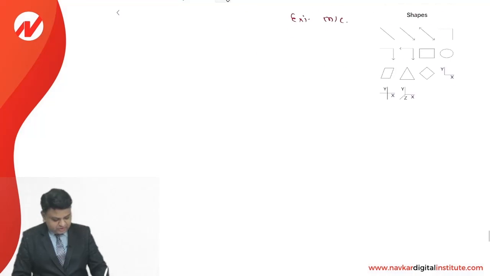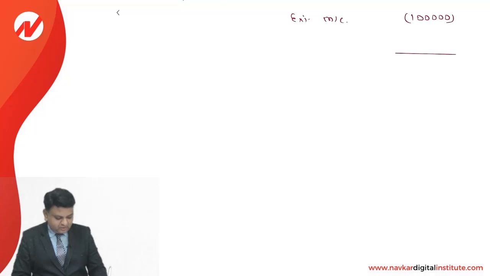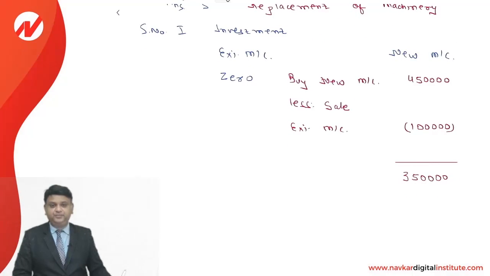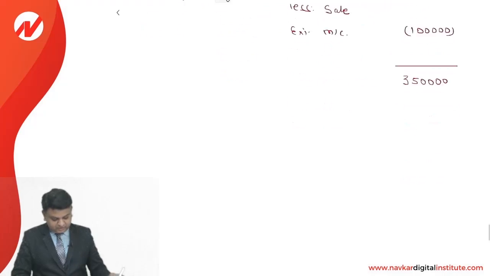So really we are fortunate that we will be able to get 1 lakh rupees. So the amount of the investment that you have to make is 3,50,000 if we replace. So the incremental investment is 3,50,000 minus 0, that is 3,50,000.